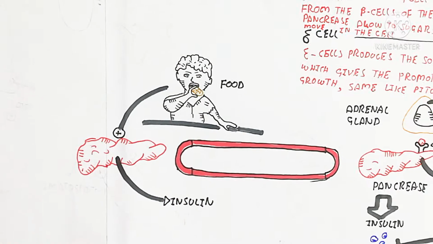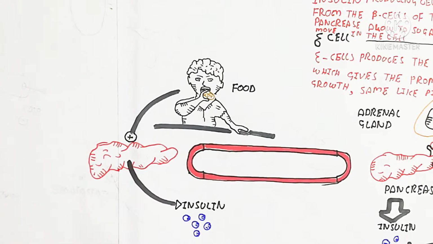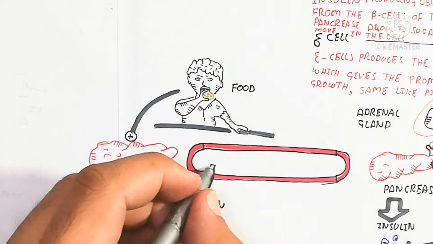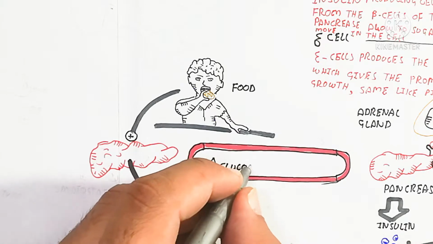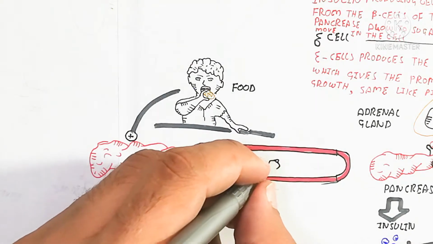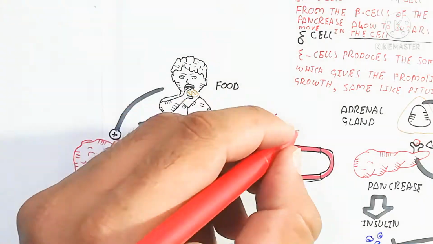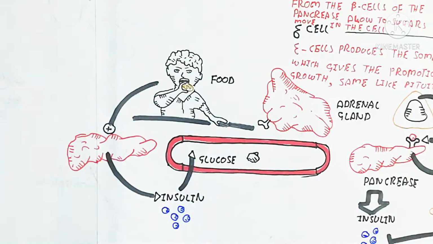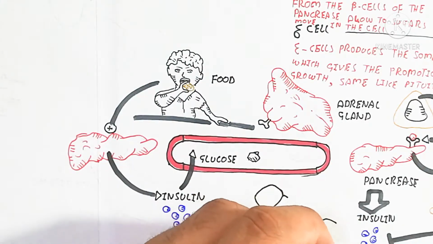When insulin is produced, it goes into the bloodstream, and insulin receptors are present in adipose tissue, muscle cells and the liver. The sugar level is increased in the fed state when we eat food.